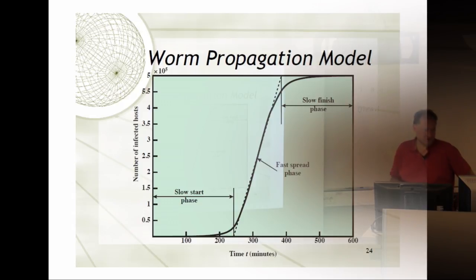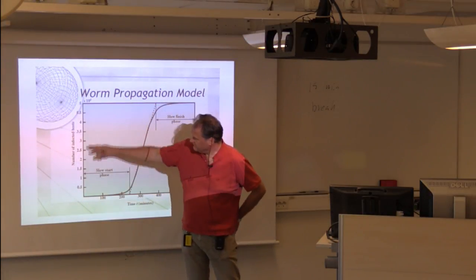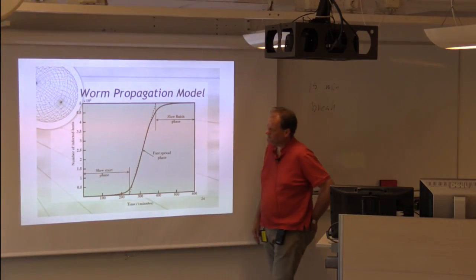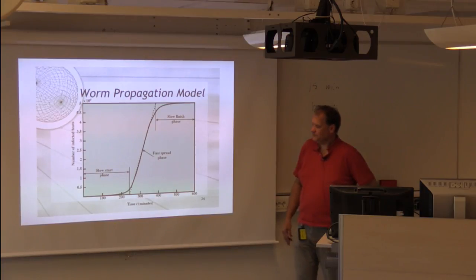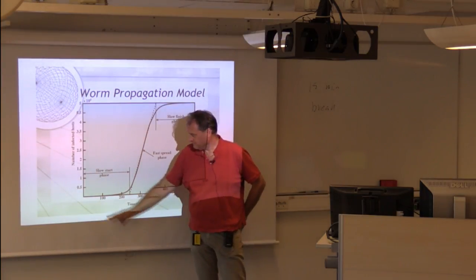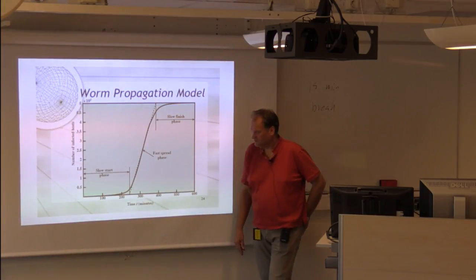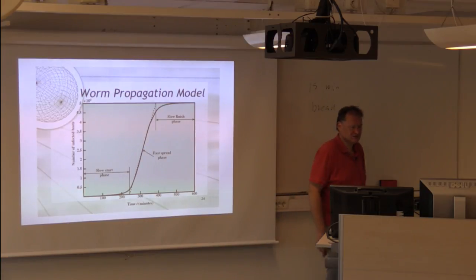This shows a typical propagation behavior for a worm. We start down here initially with very few infected hosts. We start with just one, of course, where we release the worm. And then it takes a very long time before anything really starts happening.